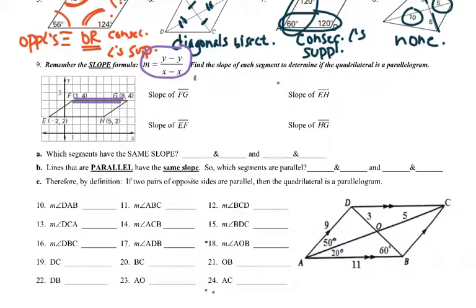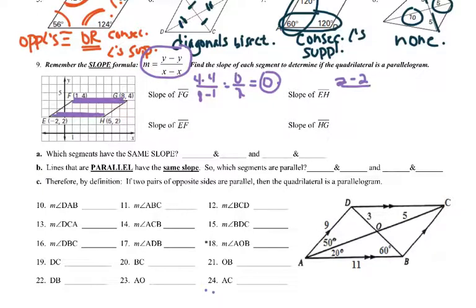So if I say what's the slope of FG, I'm going to subtract the y coordinates in the numerator and subtract the x coordinates in the denominator, and 0 over 7 is 0. So this line here has a slope of 0, which I would have known anyway because that's a horizontal line. Horizontal lines always have a slope of 0.